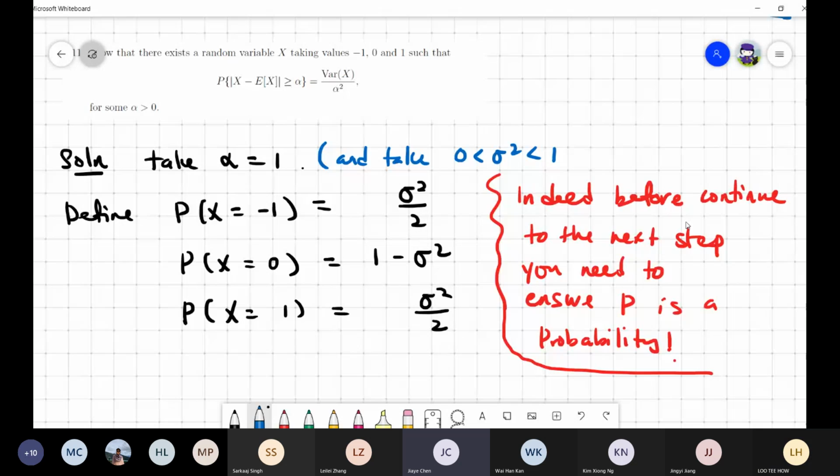Can it be 0? Maybe 0 to 1, doesn't matter. For example, you can take half, just to ensure this thing is positive. So if we take alpha as 1 and sigma square in between 0 and 1, with these conditions it can be easily verified that this P is a probability measure.